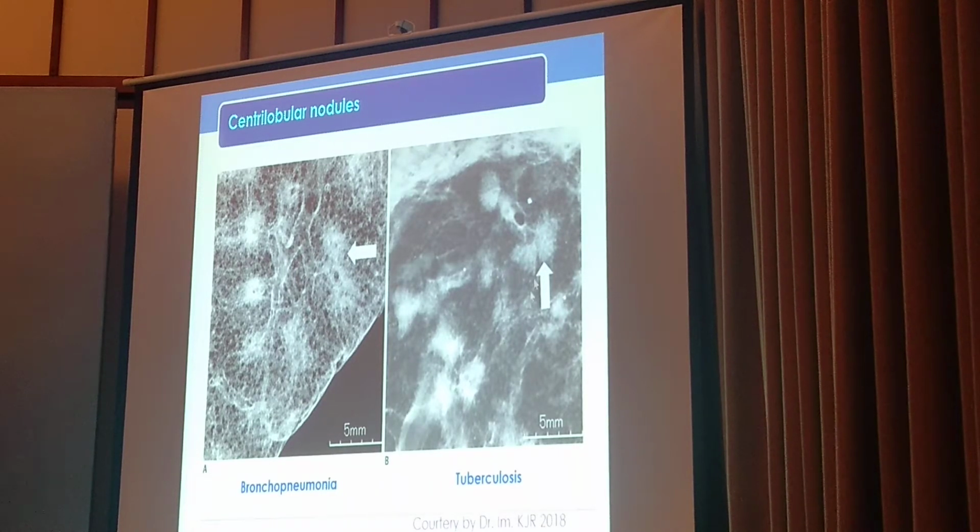But in tuberculosis, the tree-bud nodules or centrilobular nodules have a very sharp, well-defined margin, and the density is higher than the surrounding vessel. So we can differentiate tree-bud nodules of bronchopneumonia from tuberculosis.